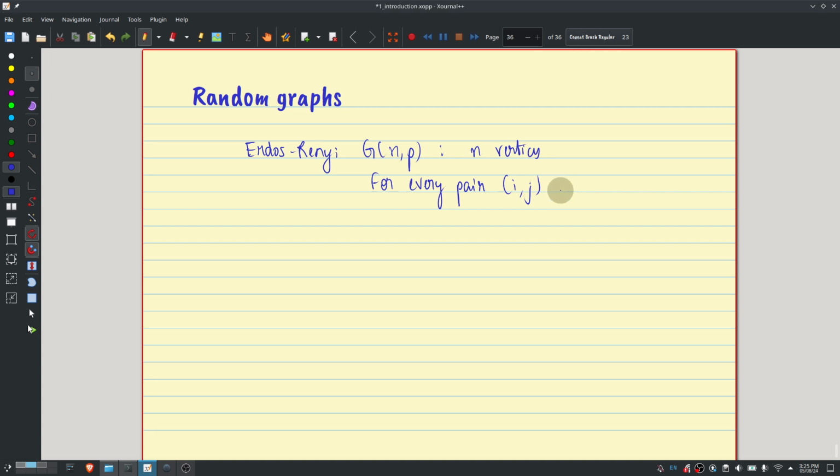For every pair i, j of vertices, i comma j is an edge with probability p. So with probability 1 minus p, i comma j is not an edge. And this is done independently for all pairs.